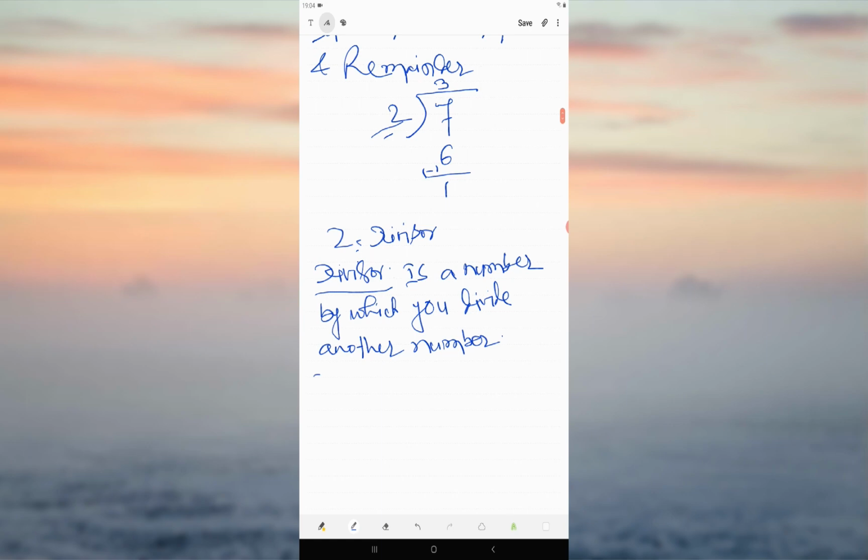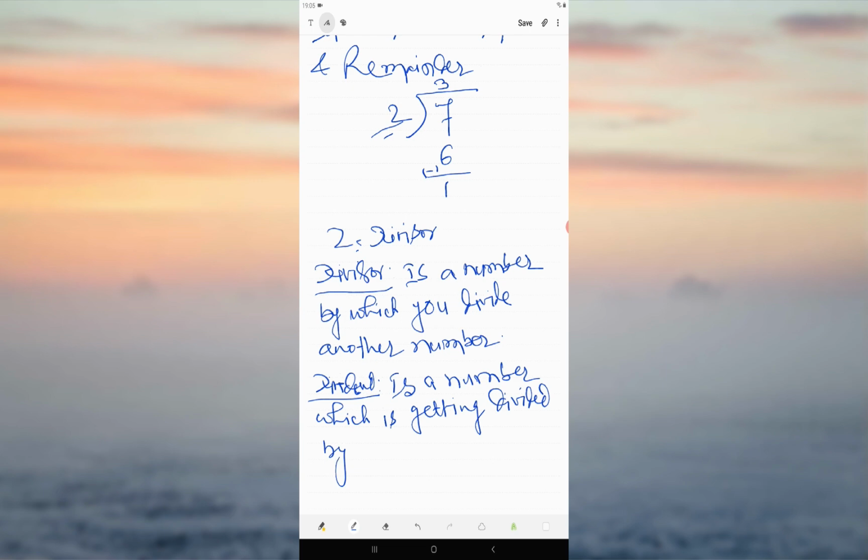Then move on. What is the dividend? The dividend is a number which is getting divided by another number.